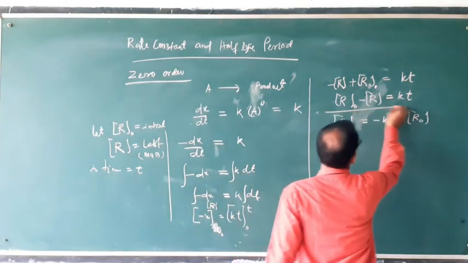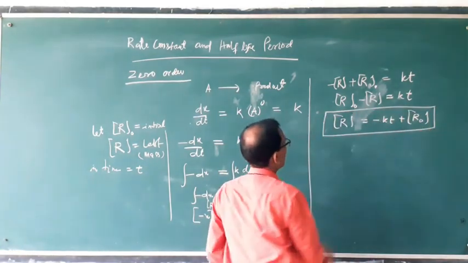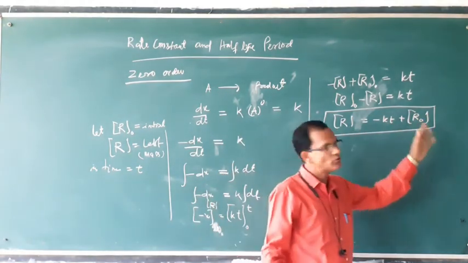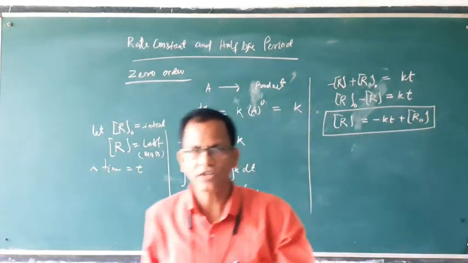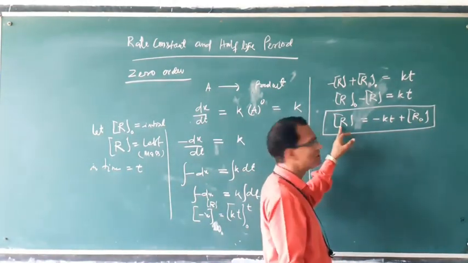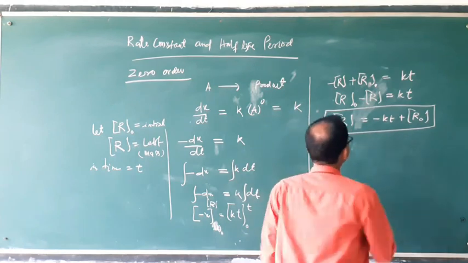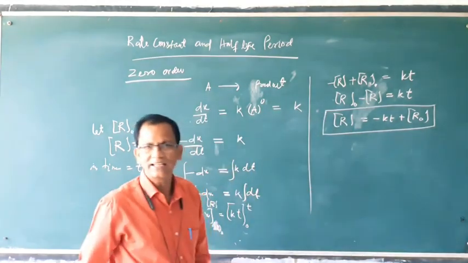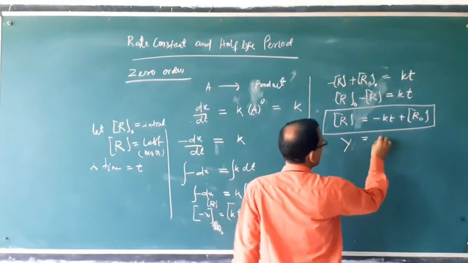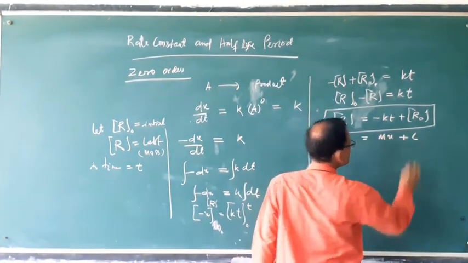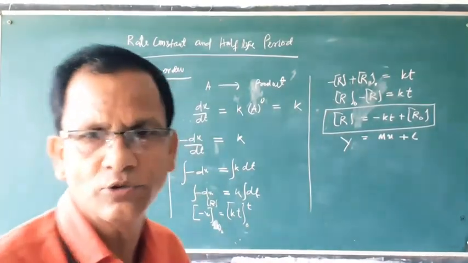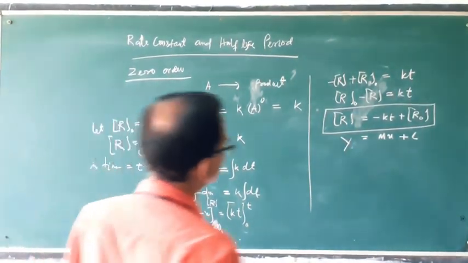Here R is the amount of substance left and R0 is the initial value. So R0 is constant, but R is not constant. So this equation is just like a straight line equation, y is equal to mx plus c.